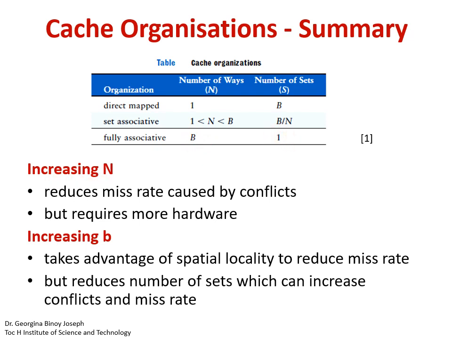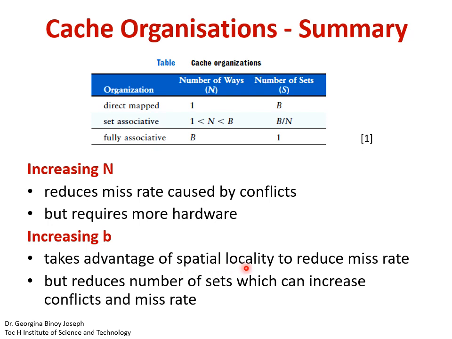By increasing n, we can reduce miss rate by reducing the number of cache conflicts, but we know that it requires more hardware. You can also do one thing: you can increase B. This takes advantage of spatial locality to reduce the miss rate. Usage of spatial locality means that when you bring in one data word that the processor requires, you bring in a few more data words that are next to that particular data word.